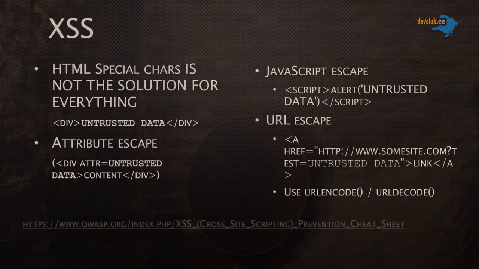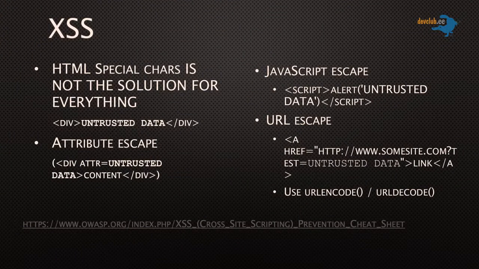Yeah, that's obvious. When you have user input in between HTML tags, you just wrap it in escape or whatever is in your language. But when you have it in attributes or in JavaScript or in a URL, you have to do a different escape. You can check the link below, which has all these explanations of why it must be escaped differently.